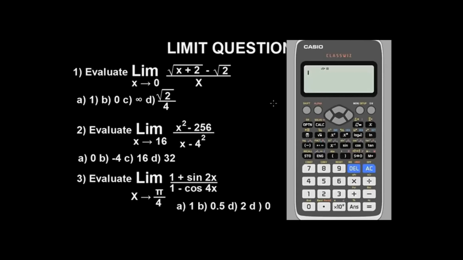Now let's begin with question 1. Question 1 says evaluate the limit as x tends to 0. The second thing you have to do after clearing is to work with a constant I make use of often.